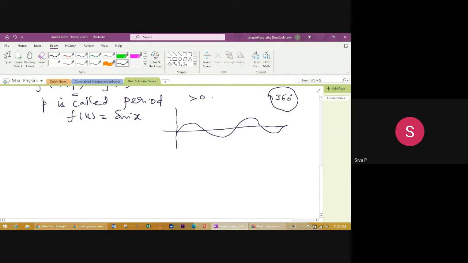So it is called one period. So what is the period of this? Is it pi, 2 pi, 3 pi, 4 pi? So what is the period of the sine here?